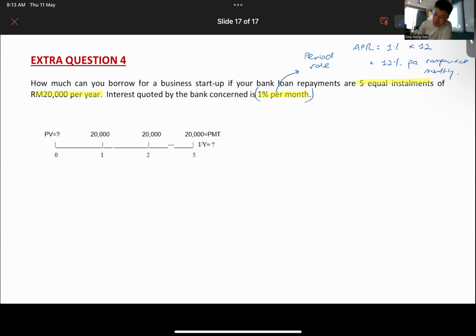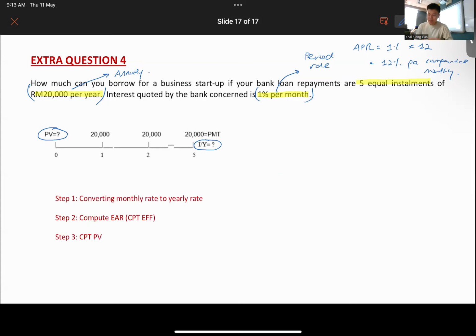Now, 5 equal installments of 20,000 per year: annuity or perpetuity? Annuity. So what are we calculating? We are calculating the present value, and also the interest rate.